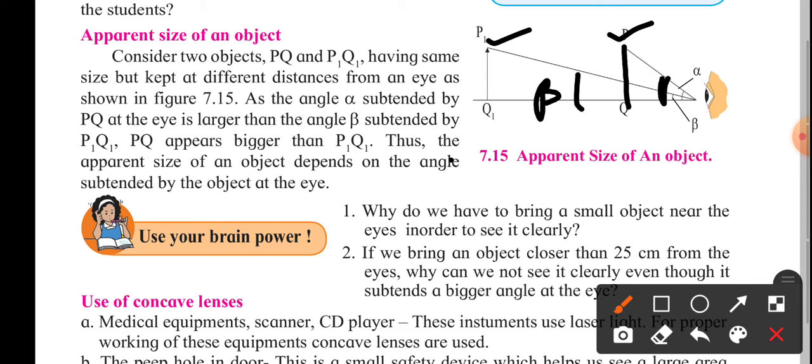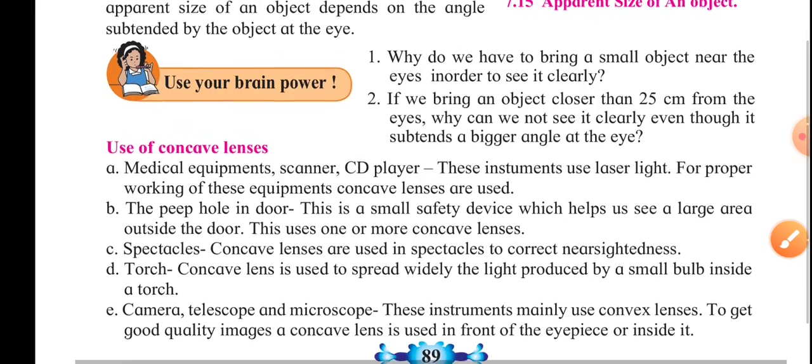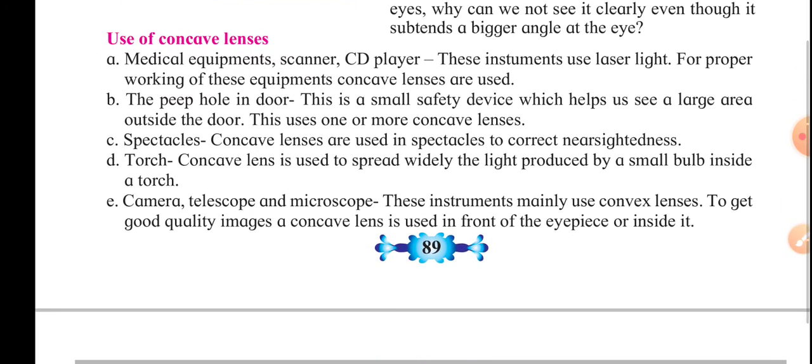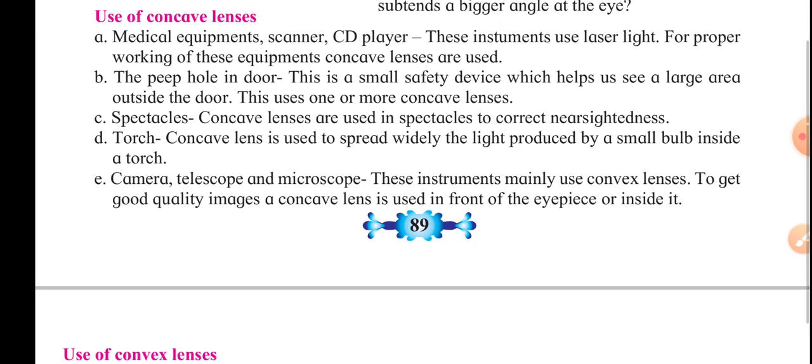So here alpha is greater than beta, therefore the object PQ appears bigger than P1Q1. So this is about the human eye and its defects in this chapter, and a short topic on the apparent size of an object related to the human eye and its angle.